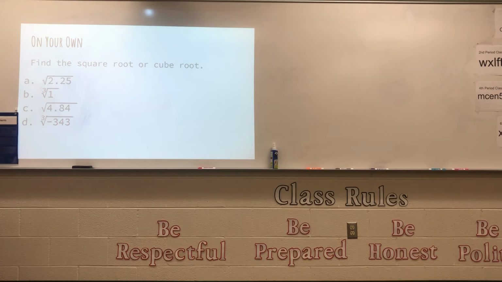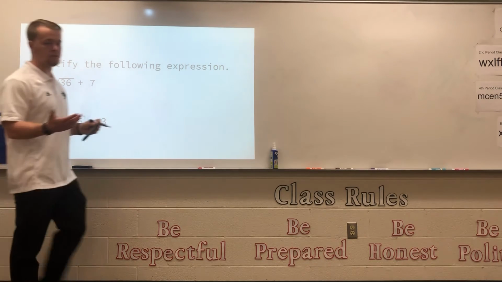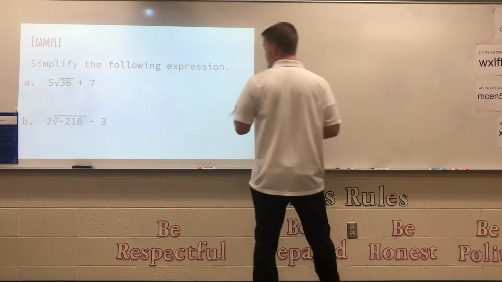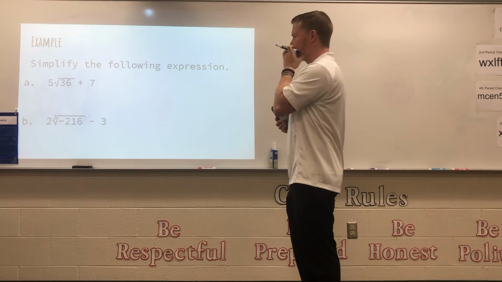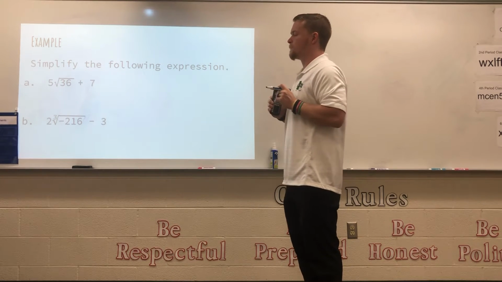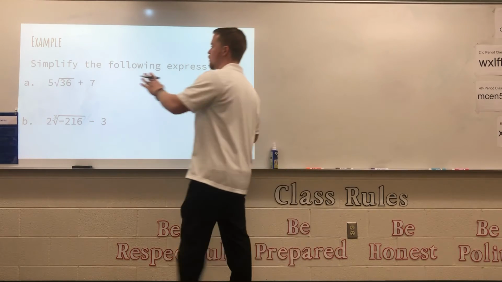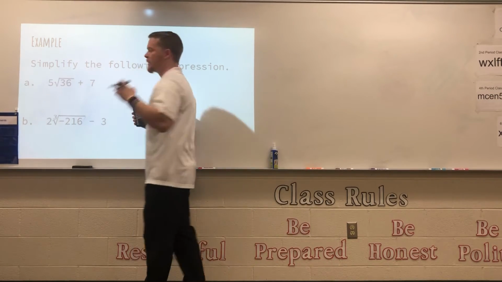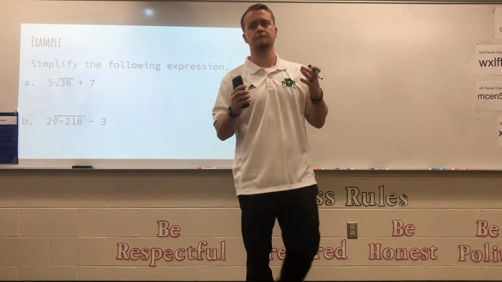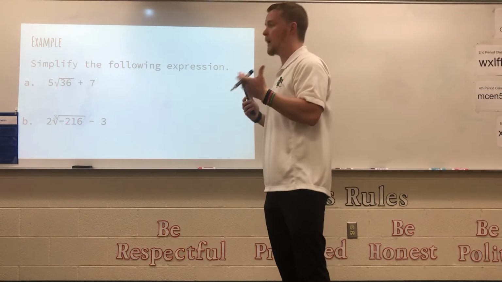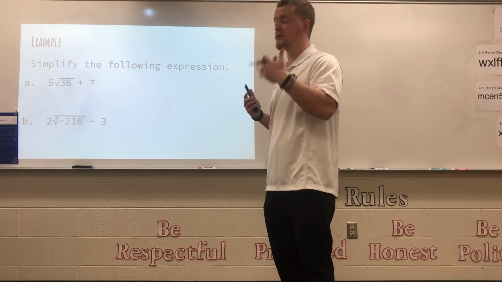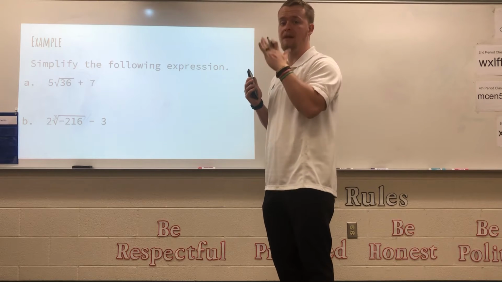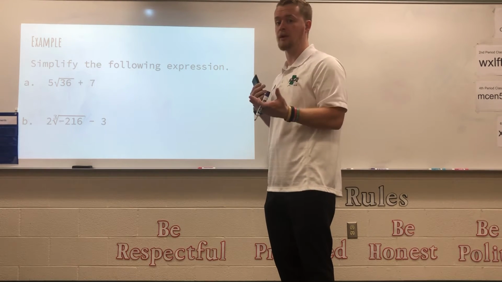You'll have to go further and be able to use those to simplify expressions and also solve for variables, which we'll talk about. So for example, here, it says simplify the expression. You haven't discussed it, but knowing that square root is the opposite of a power of 2 exponent, just understand that's on the same level when it comes to order of operations.